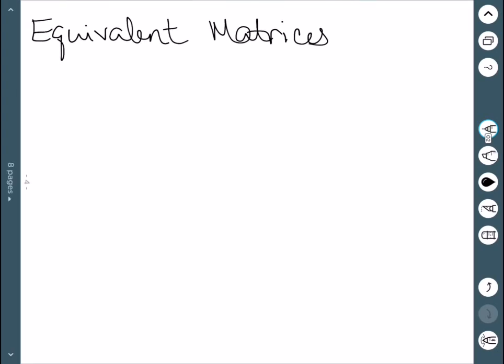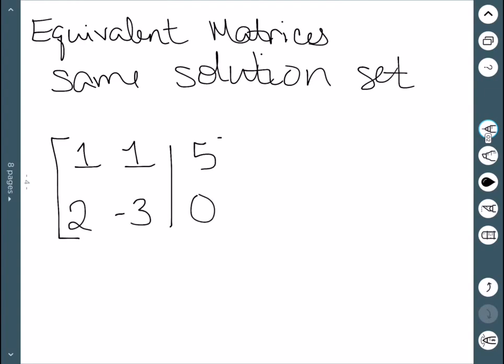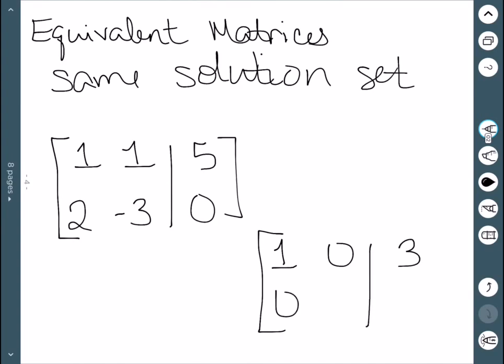We say two matrices are equivalent if they have the same solution set. For example, if I look at the augmented matrix that I just had, 1, 1, 5, and 2, -3, 0, this is equivalent to the augmented matrix 1, 0, 3, 0, 1, 2.